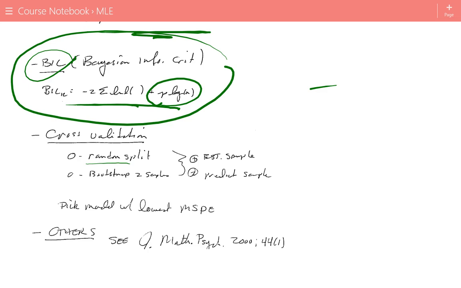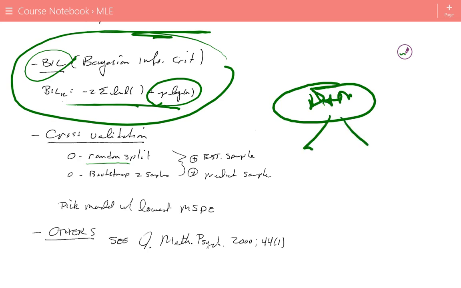Here's your actual data. And you randomly split into 2 groups. And you estimate on this one, and then you predict on this one. And the model that does the best out-of-sample prediction is the one that you would favor.